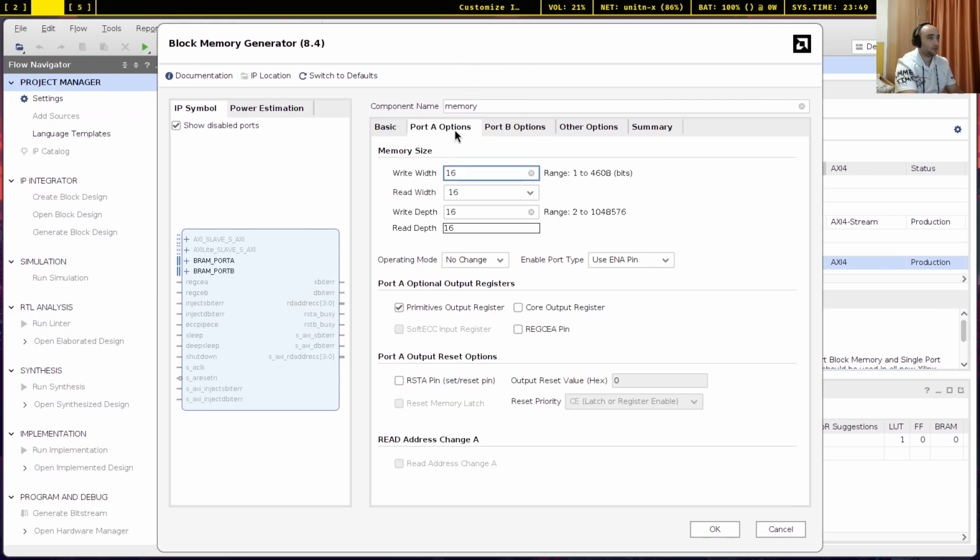And okay, so write width, it's going to be 32 bits. Same for read. Write depth. Well, I guess we can go with the maximum.